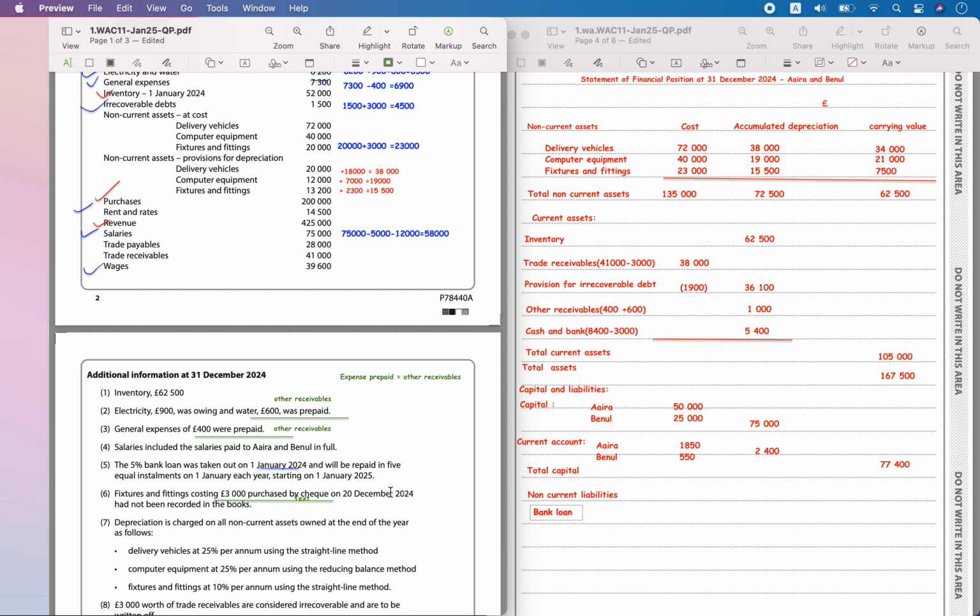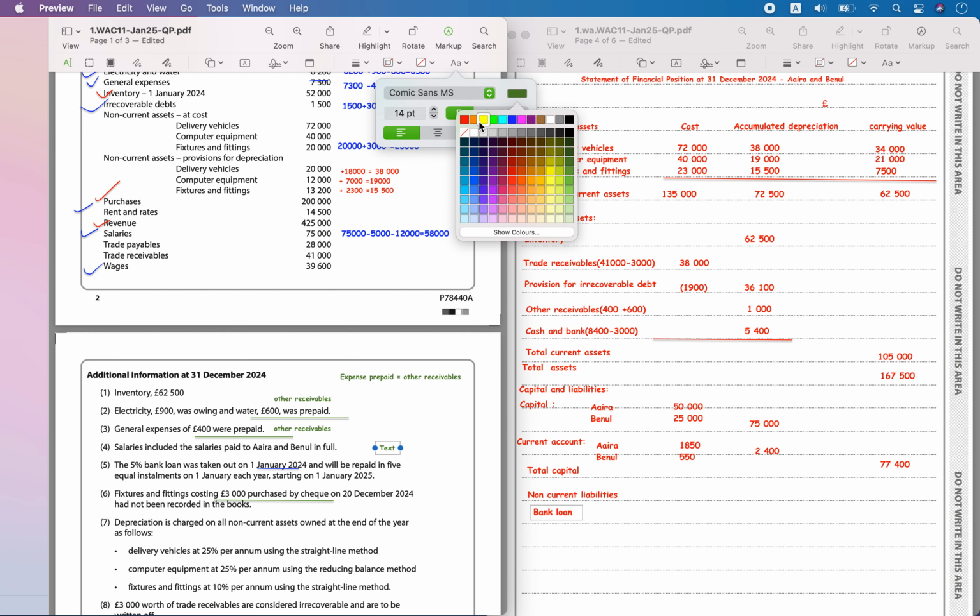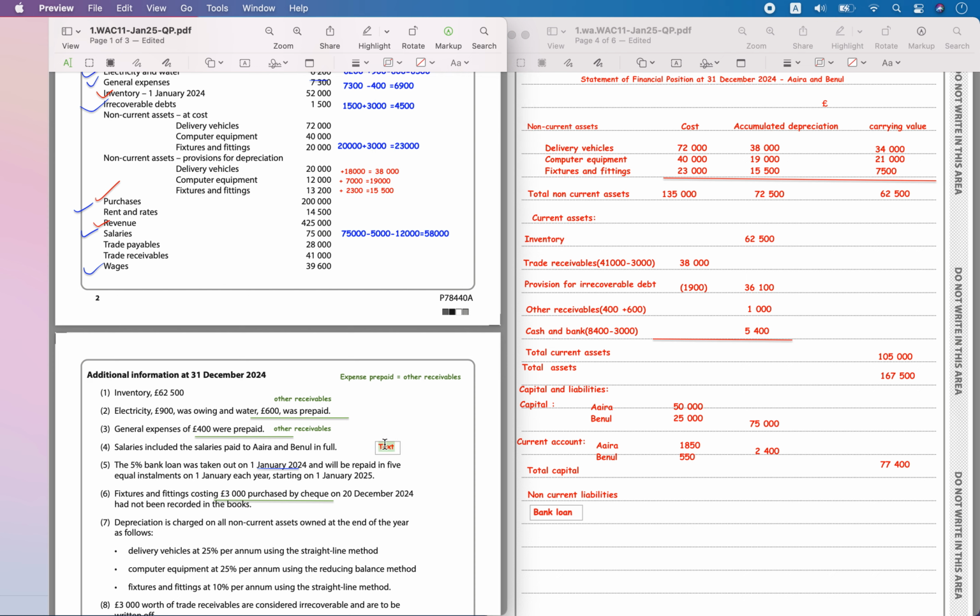So what does that mean? 60,000 divided by 5 is equal to 12,000.